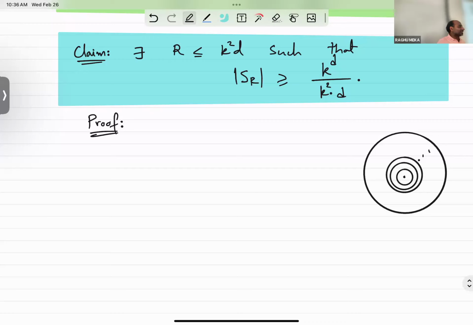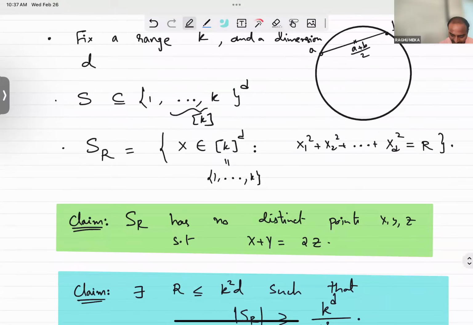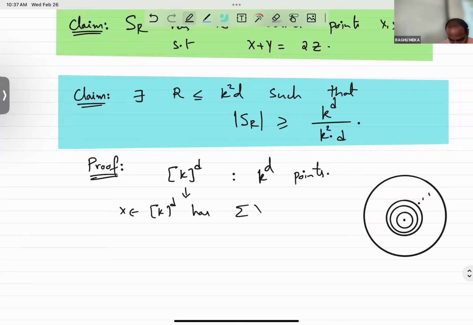It's some kind of averaging argument. So how many points do we have in total? If I look at k to the d, there are k to the d points. And every one of these points, x belonging to k to the d, has summation xi squared less than or equal to d times k squared.